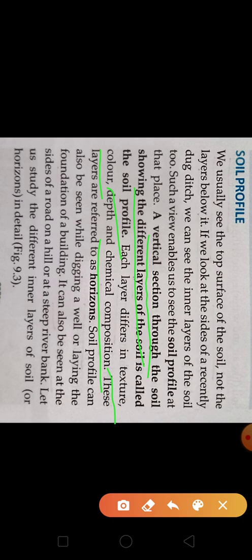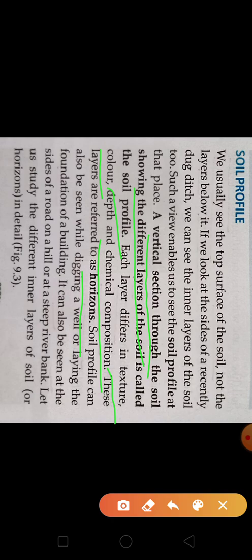So we can say that each layer differs in texture, color, depth and chemical composition, and these layers are referred to as horizons. Clear, children? Any problem regarding that? That is very easy, very simple. If the question asks in the exam what is soil profile, you can give the definition.